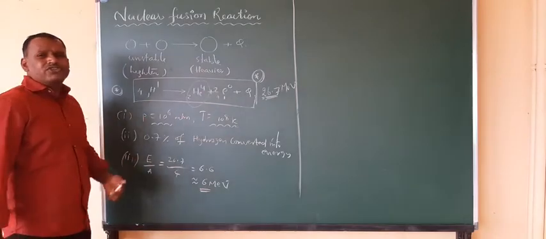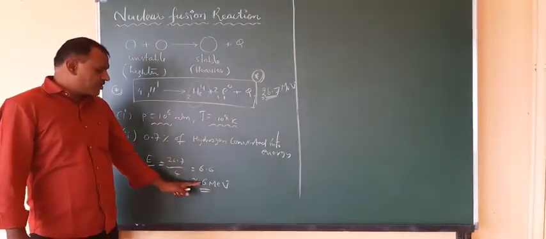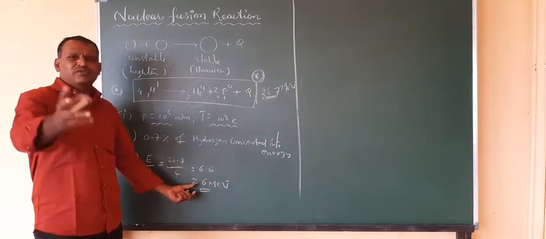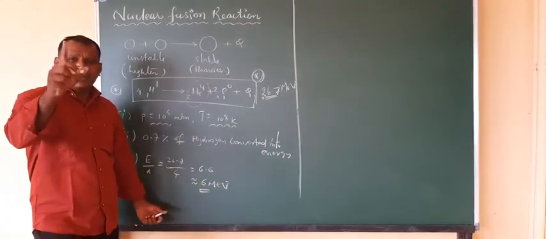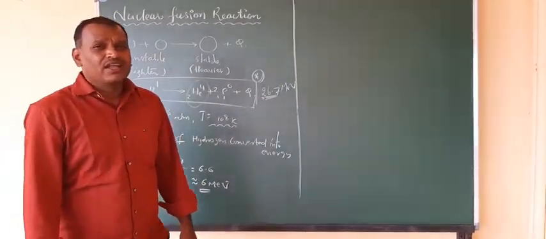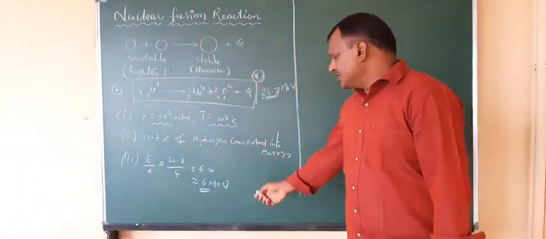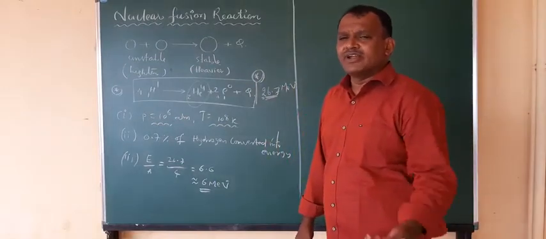Generally the books and materials give it as 6 million electron volts of energy per nucleon. The energy released per nucleon in a fusion reaction is 6 to 6.6 million electron volts.